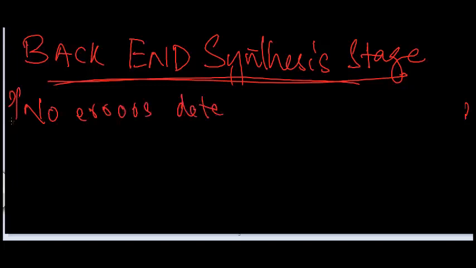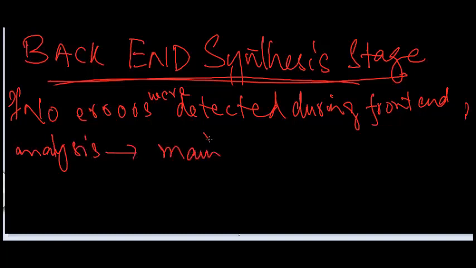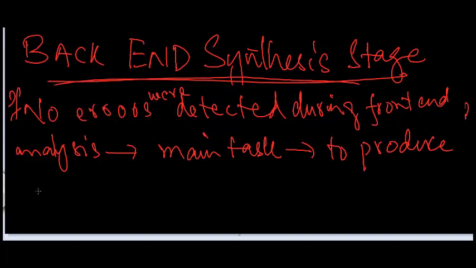If no errors were detected during front end analysis, then the main task of the back end synthesis stage is to produce machine code from the intermediate code, right.